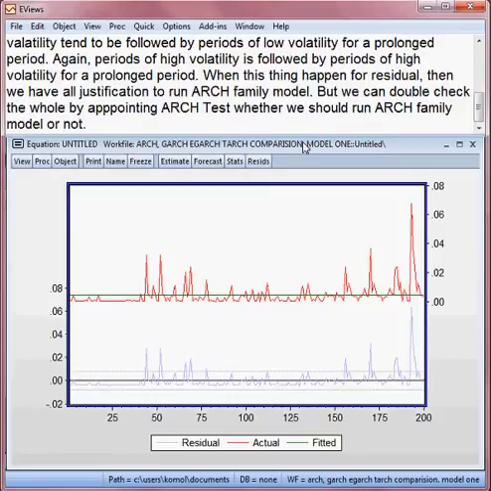Okay, now the question is how to run ARCH test. That is the question, how to run ARCH test.